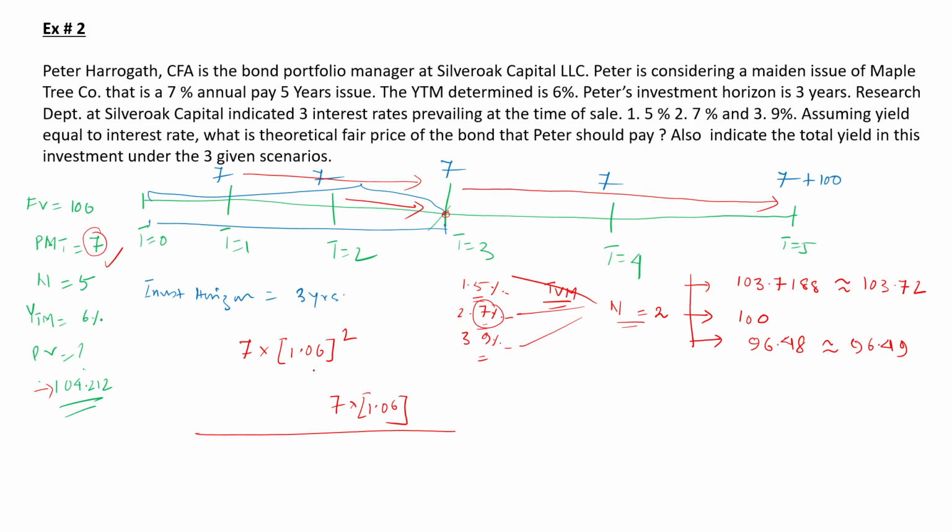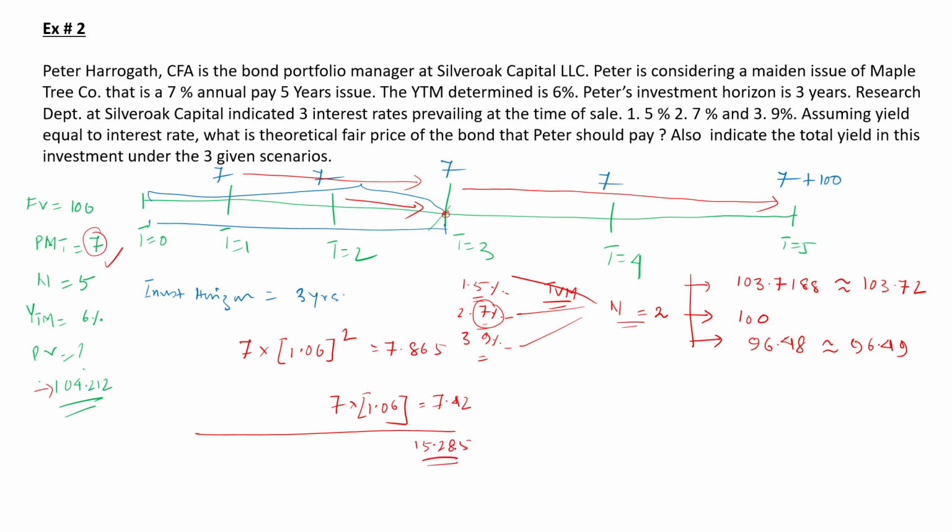So this becomes 7.865, and this becomes 7.42. So if you add these two, the total proceeds, including the reinvestment yield, become 15.285.